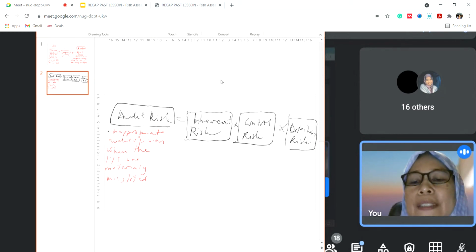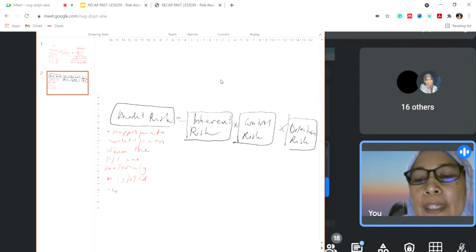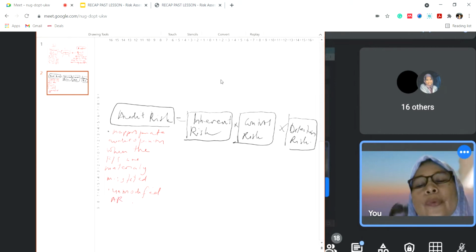When the financial statements are materially misstated, the auditor should modify the report. Yet here, the auditor knows the financial statements are materially misstated but still issues an unmodified audit report. That is what audit risk means.